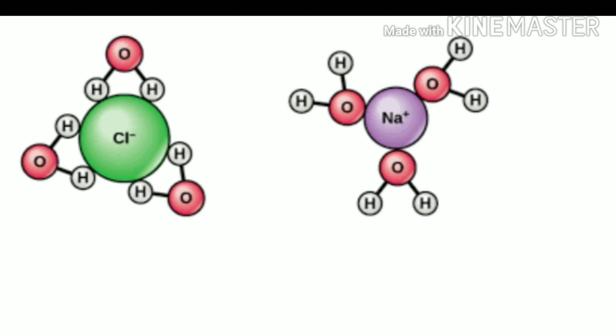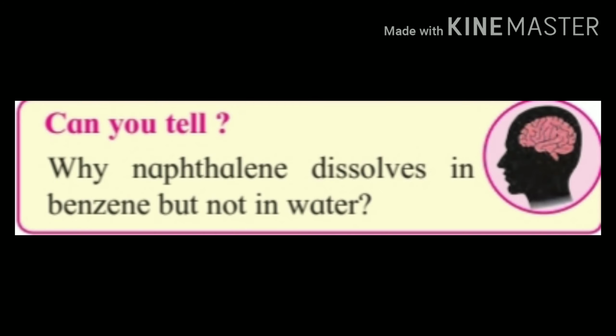Earlier I also told you polar solutes will dissolve only in polar solvents and non-polar solutes will dissolve only in non-polar solvents. So again remember, under nature of solute and solvent, like dissolves like. Now there is one question asked in your textbook: why does naphthalene dissolve in benzene but not in water? And what is the answer? Benzene is a non-polar solvent, and naphthalene is non-polar.